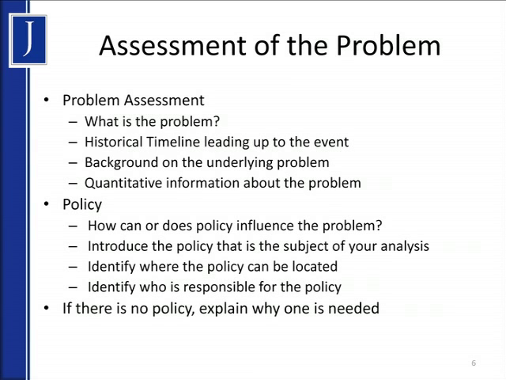What is the historical timeline? What's happened thus far? What's the background on the underlying problem? Perhaps there is a real problem that is different than the apparent problem. Can you describe the problem objectively using data? Are there measures of the problem that you could present?